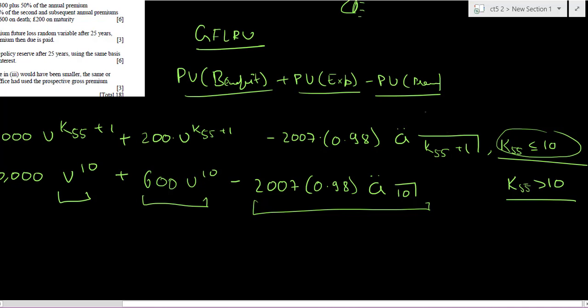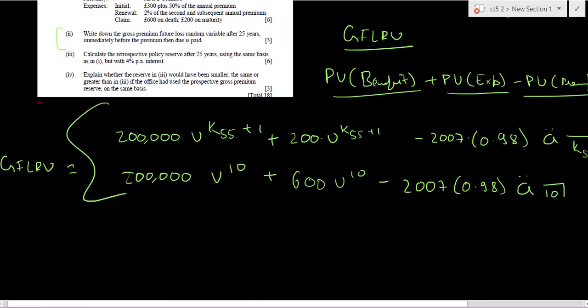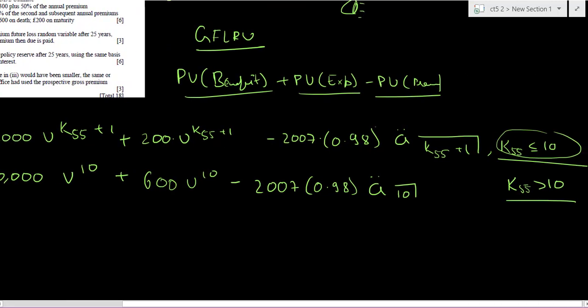This is if he dies during the next 10 years. This is the expression for the future loss if he dies during the next 10 years, because we are using here random variables such as K55, because if he dies before that time, he can die in any year, and the amount of discount and the amount of premiums would actually depend upon when he dies.